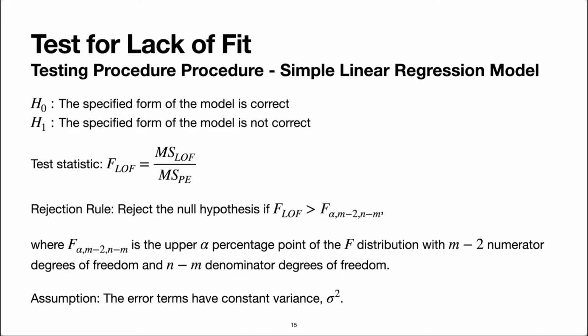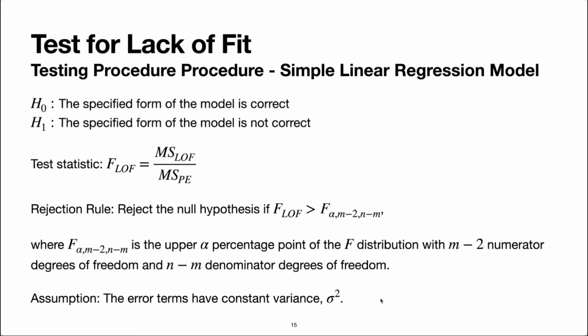The decision rule, the rejection rule, is to reject the null hypothesis if the F statistic for lack of fit exceeds the upper alpha percentage point of an F distribution with m minus 2 numerator degrees of freedom and n minus m denominator degrees of freedom.